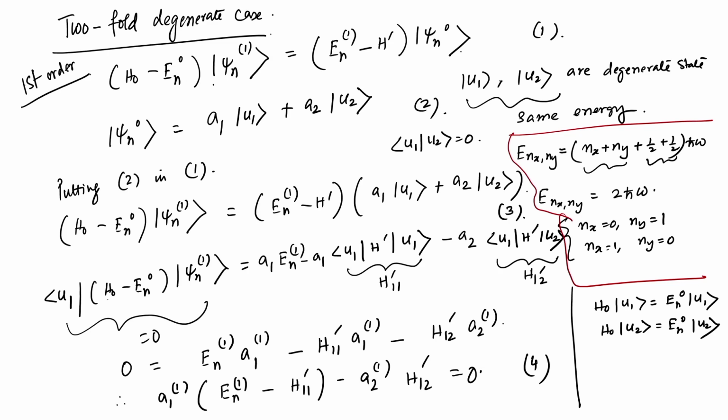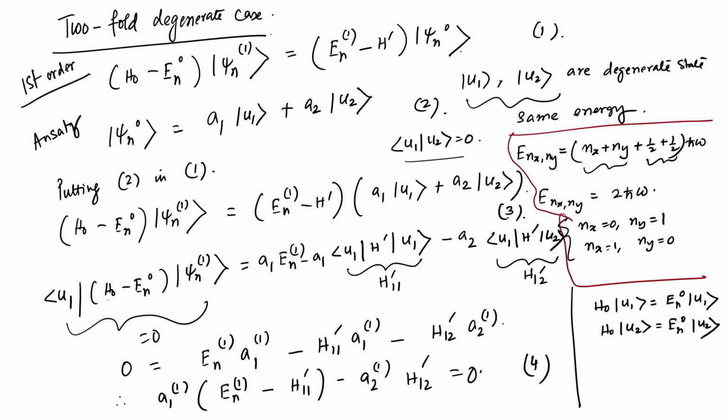So, this is what we get. To remind you of the steps that we have written down: the Schrodinger equation at the first order, that is first order in lambda, which is the smallness parameter, and then because of this degenerate case, this is the ansatz made for the degenerate case, that is you have the two degenerate eigenstates U1 and U2, which are mutually orthogonal, and they both give rise to energy En0.